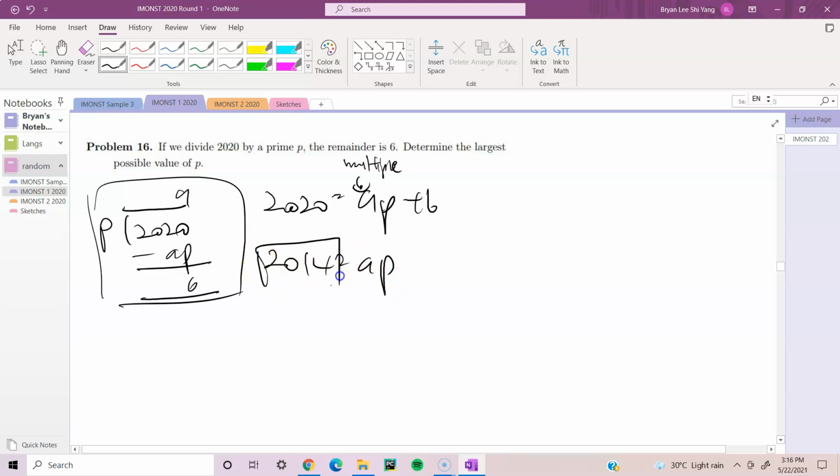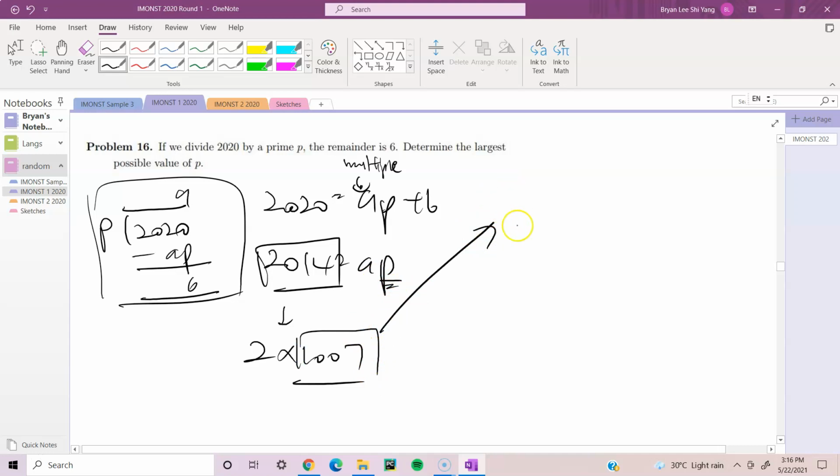Now, how do we find the maximum value of p? Since we know 2014 is an even number, we see that 2014 equals to 2 times 1007. Now, is 1007 prime? We need to find it out. So if we want to determine if 1007 is a prime, let me teach you guys a trick. Okay, I need to demonstrate this with an example first.